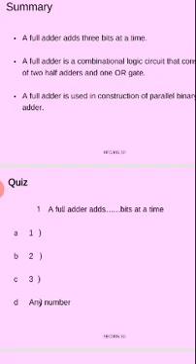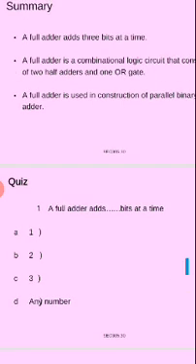Quiz. Quiz 1. A full adder adds dash bits at a time. Option A, 1 bit.